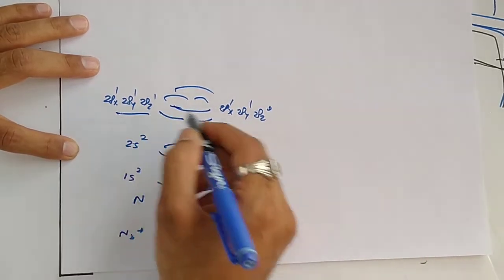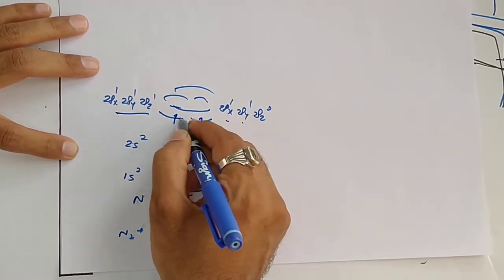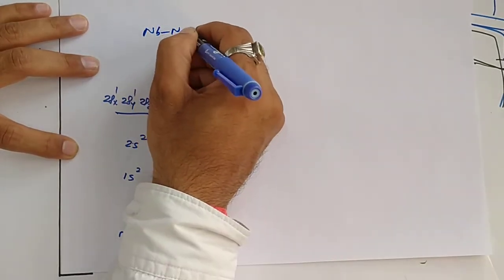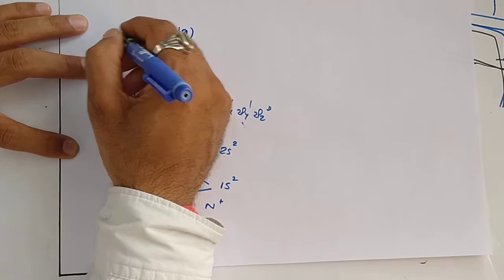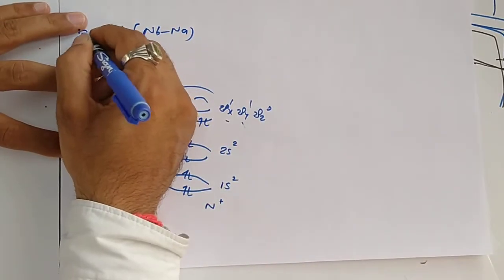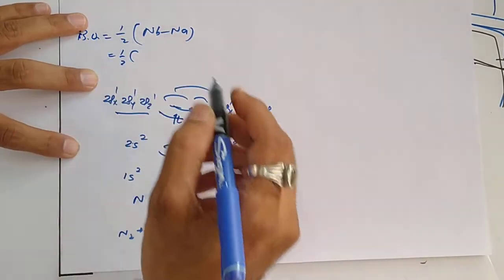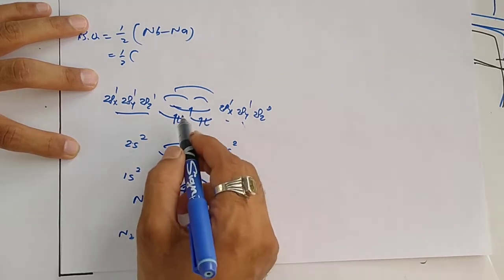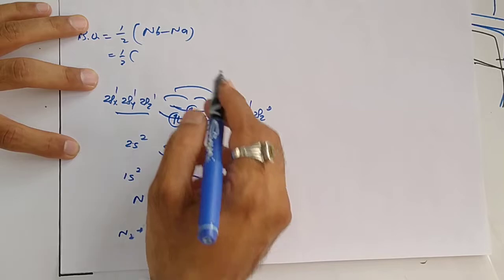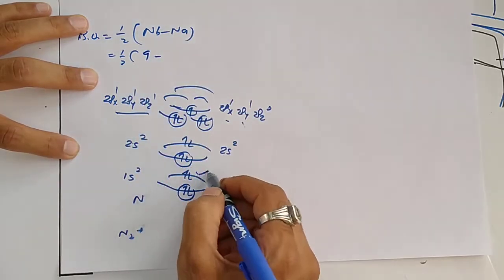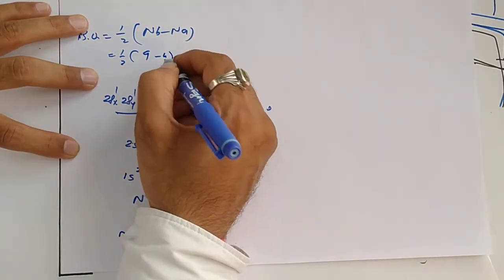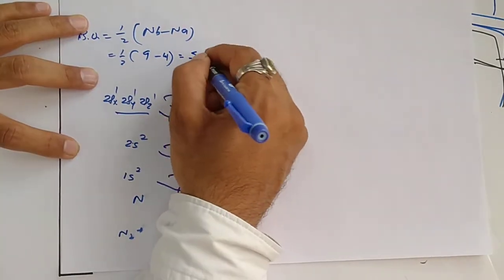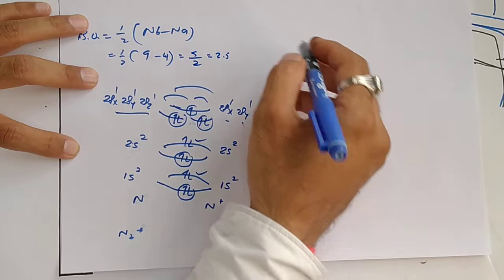Yes, 3 plus 2, 5. 1, 2, 3, 4 and 5. Now find out the number of bonding and antibonding electrons. This gives the bond order. Number of bonding electrons: 2, 4, 6, 8 and 9. Antibonding are 2 and 2, 4. 9 minus 4 is 5, 5 by 2, so 2.5.